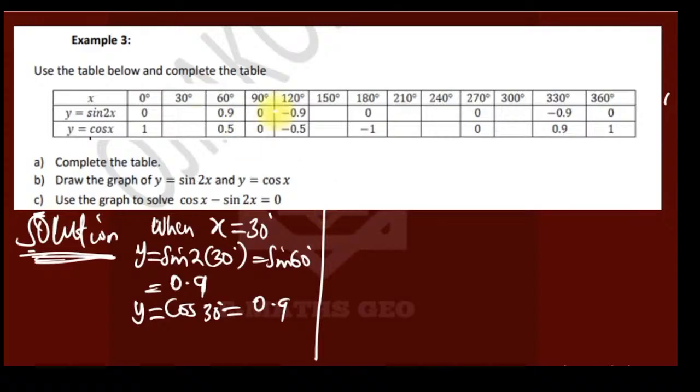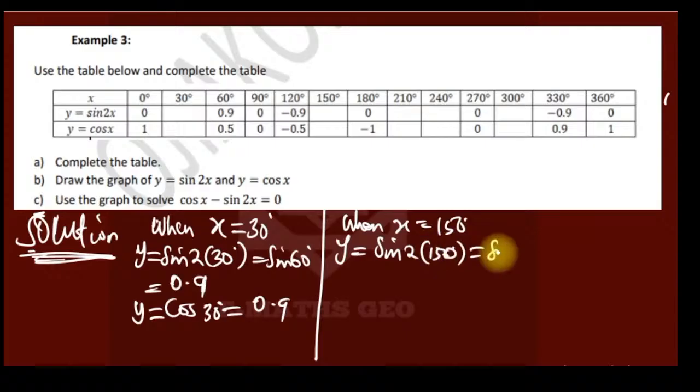So for the second one, we'll fill for 150. When x equal to 150, we have y equal to sine 2 times 150, which is sine 300. We know sine 300 is in the fourth quadrant, which is minus sine 60.